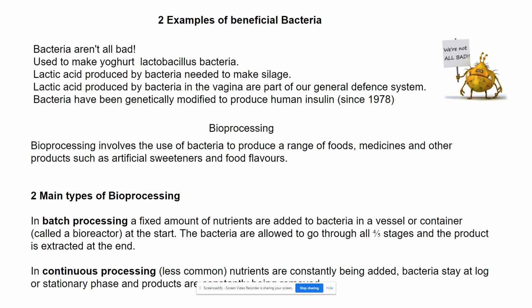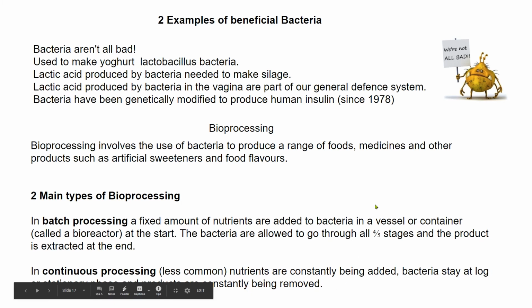Bioprocessing, two main types, and you need to know these two types for your exams. In batch processing, a fixed amount of nutrients are added to the bacteria in a vessel or container called a bioreactor at the start. The bacteria are allowed to go through all the stages, that should be 4 or 5 stages, and the product is extracted at the end.